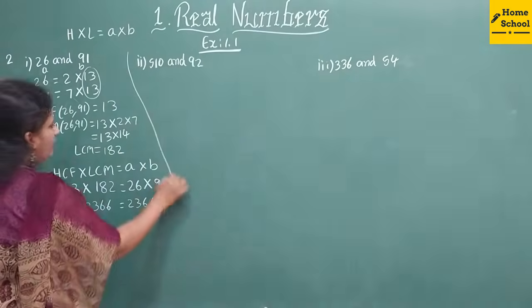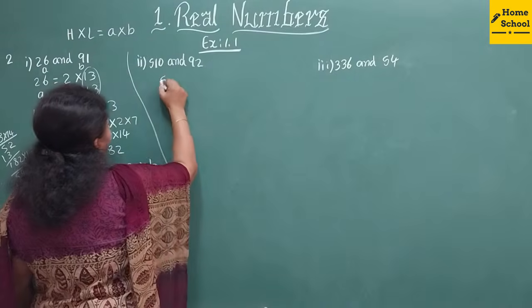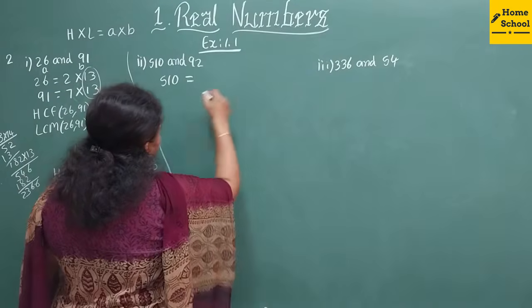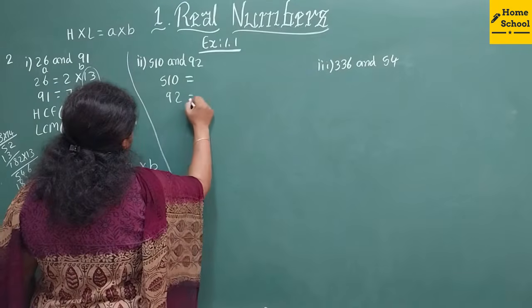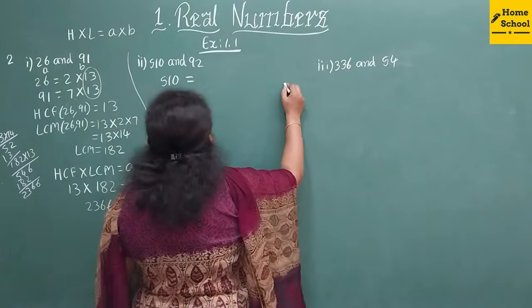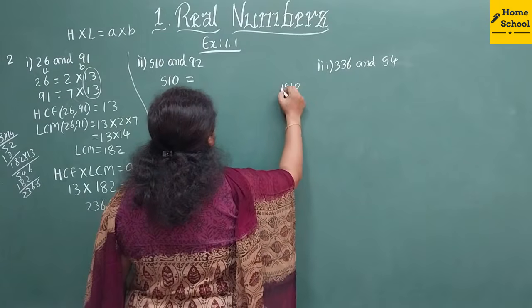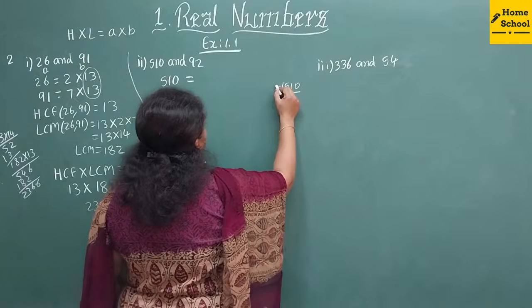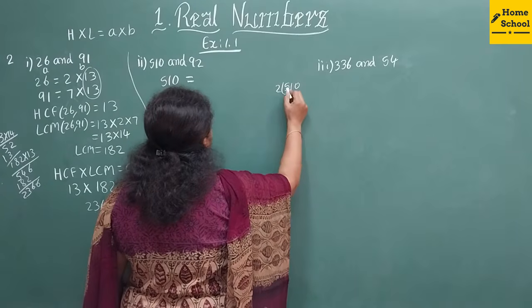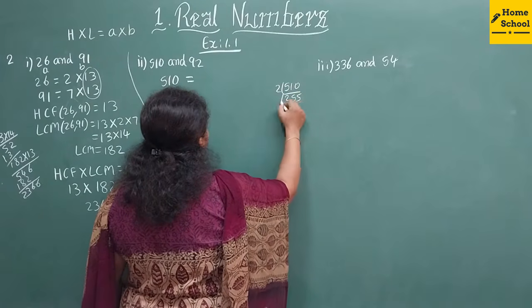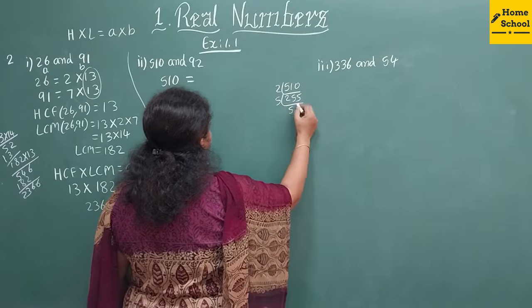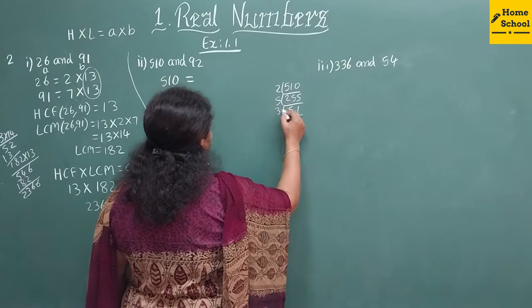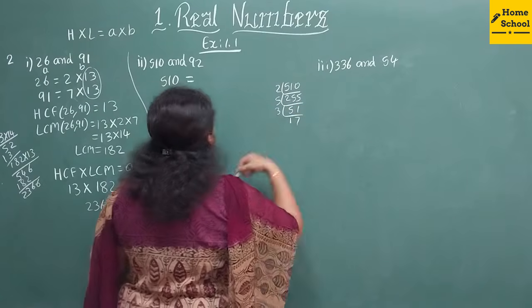Next, second one, 510 and 92. 510, let us take separate LCM here. 2 2s are 4, 2 5s are 10, 5 5s are 1s are, again 3 1s are 3, 7s are.